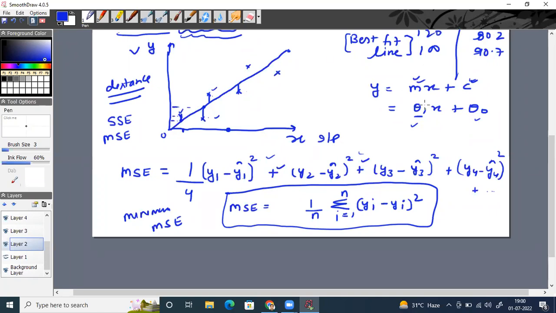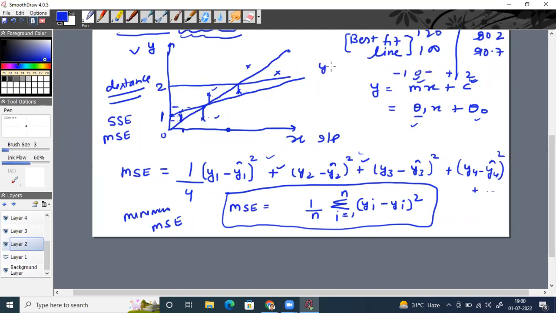Suppose I set c equal to 1, where c is the intercept. So my line will start from 1. Then suppose I get this line. Again, I change the value of c to 2, and suppose I make m equal to 0. With c equal to 2 and m equal to 0, I will get a constant line like this at 2. Suppose I make m minus 1 and c 3.